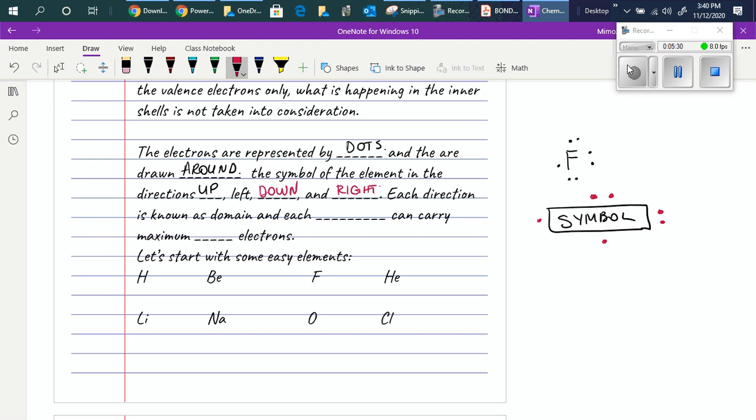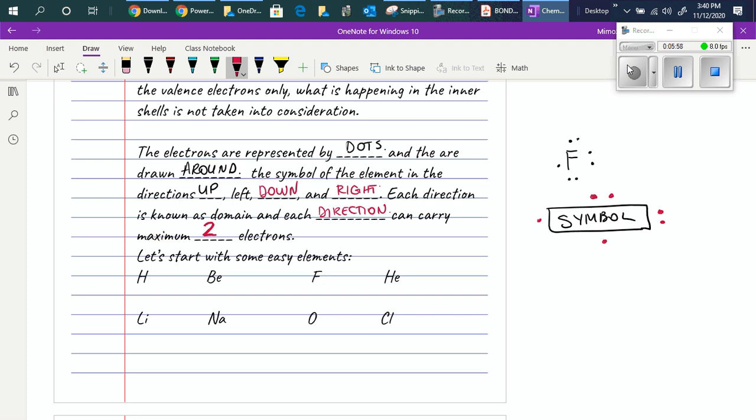So if there are 6, then we'll draw 6. If there are 7, then we'll draw 7 dots. Each direction is known as a domain, and each direction can carry maximum 2 electrons. So you cannot draw more than 2 electrons on a Lewis dot diagram.